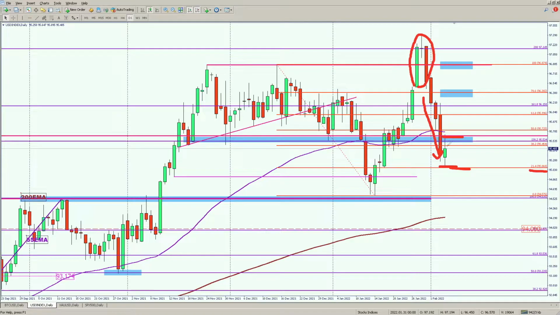So it's fairly bearish for the week, and did not find support at all at these levels, and even at this critical support zone.